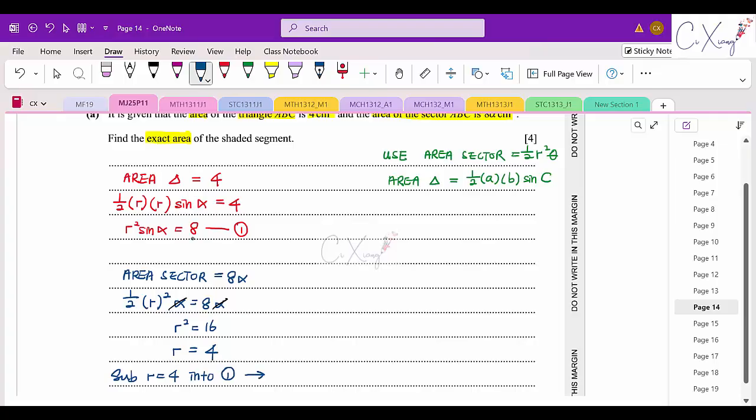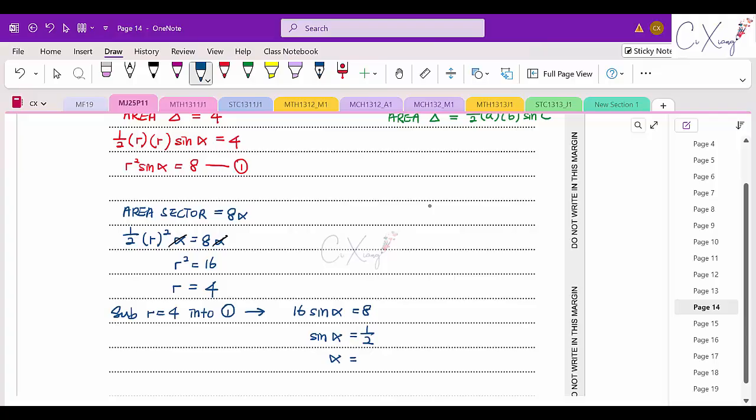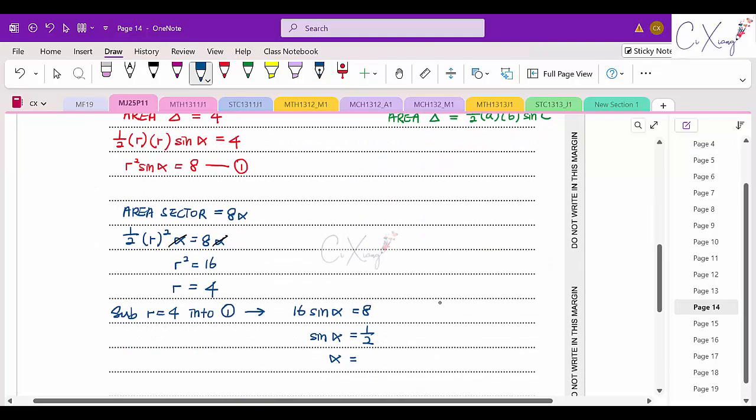I have r squared, which is 16, times sine alpha equals 8. Continuing to simplify, sine alpha equals half. For alpha, you take sine inverse of half. By right, you should get 30 degrees. But in this question, we are putting our alpha in terms of radians. So 30 degrees in radians is pi over 6, and our alpha is pi over 6. Okay, so I successfully found the value of r and also alpha.